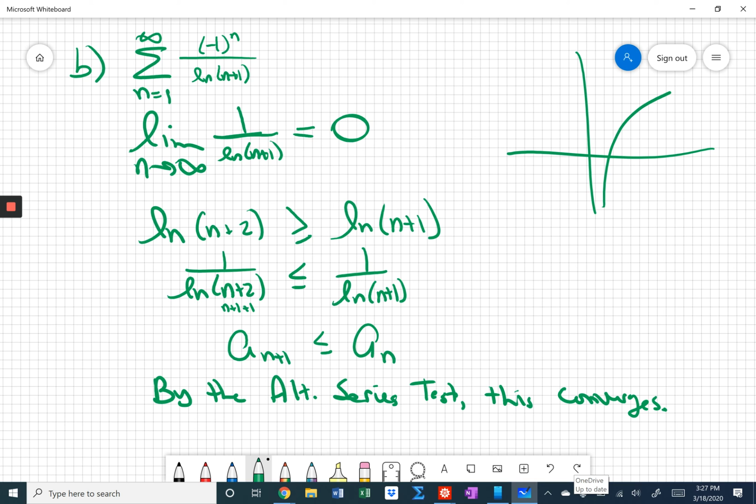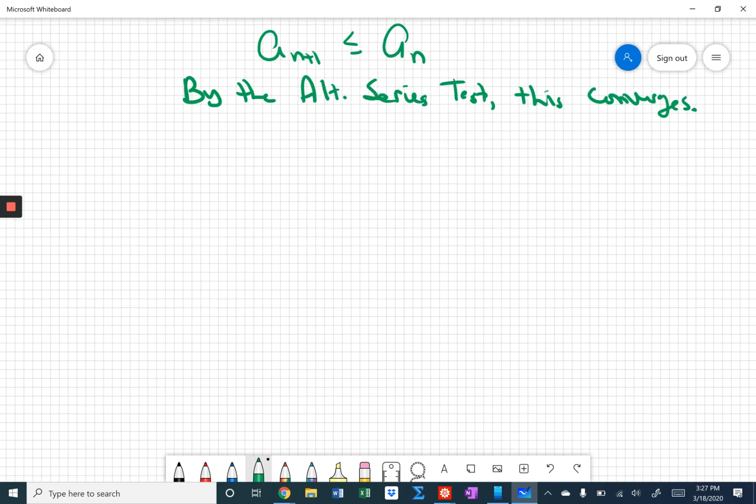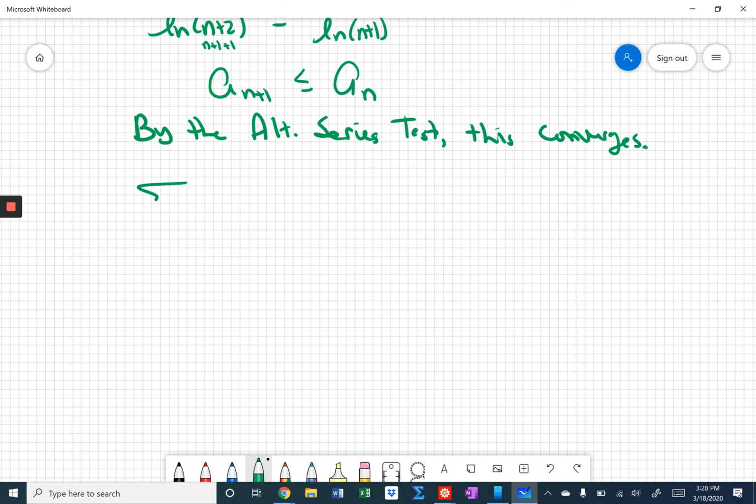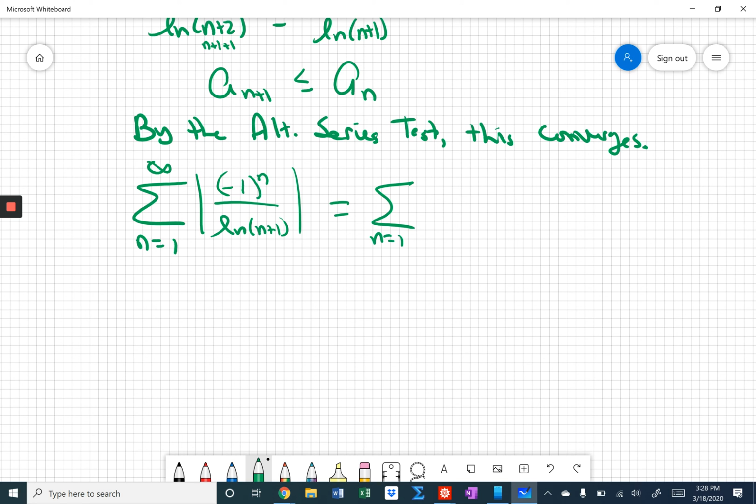And so, all right, if I look at the magnitudes, then I get the sum from n equals 1 to infinity of 1 over the natural log of n plus 1.